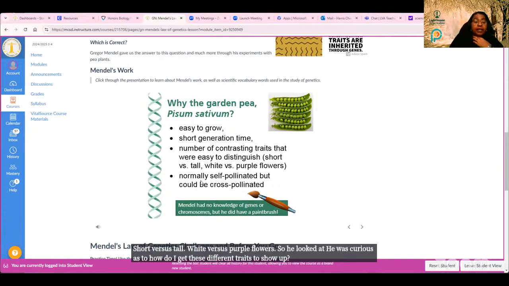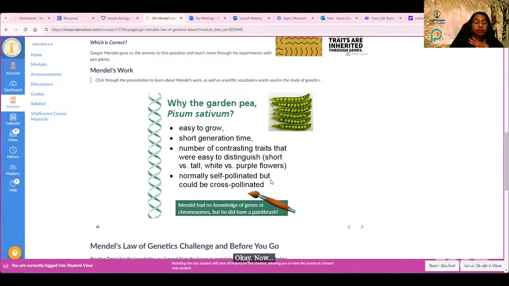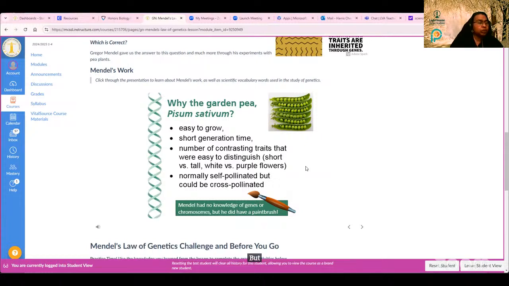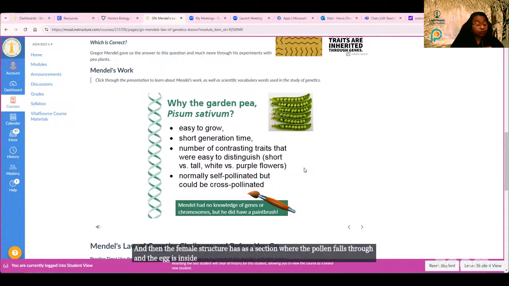Now, we might need to talk about reproduction in plants a little bit. So we'll come back to that. But basically, the male structure on the plant has the pollen, and the female structure has a section where the pollen falls through, and the egg is inside of that, and that's where fertilization takes place.